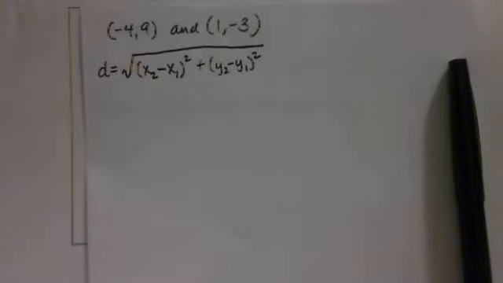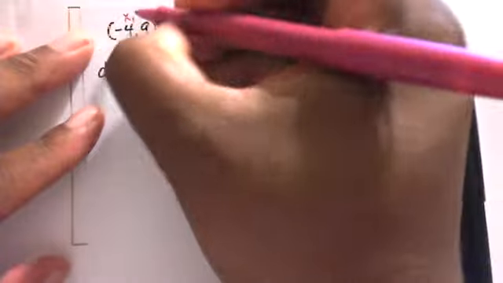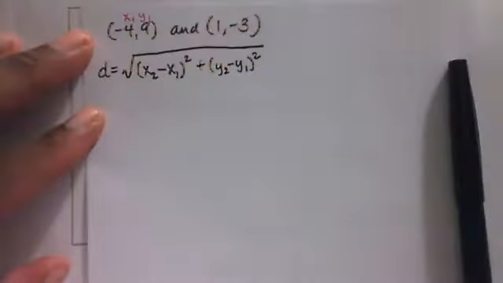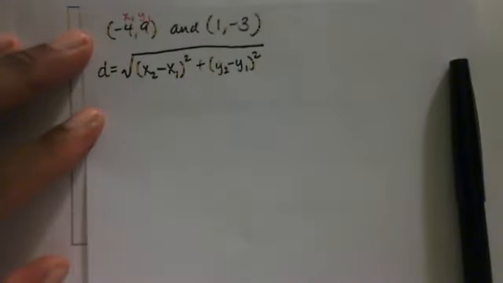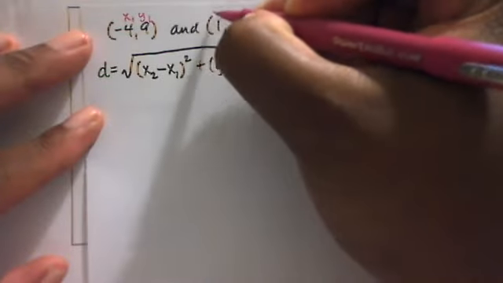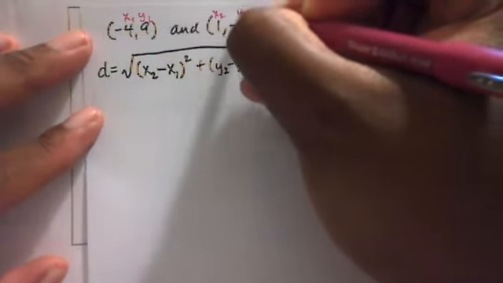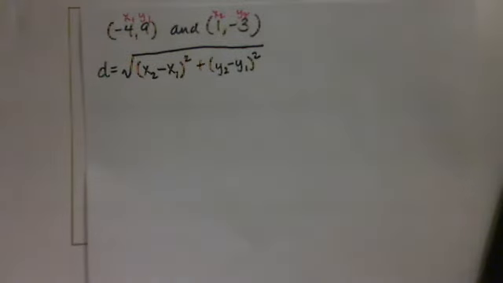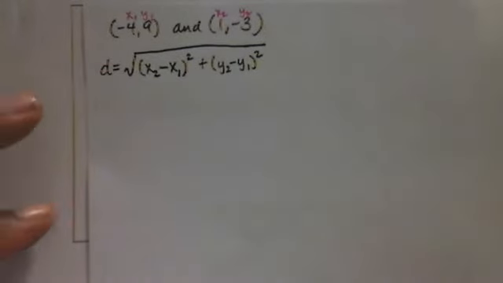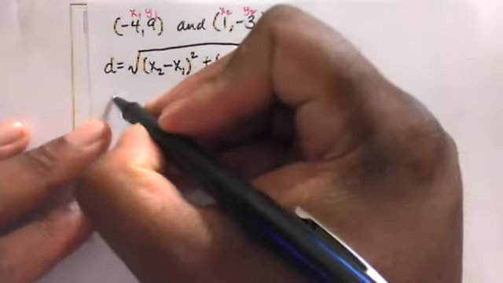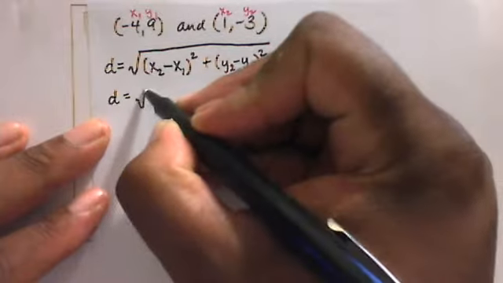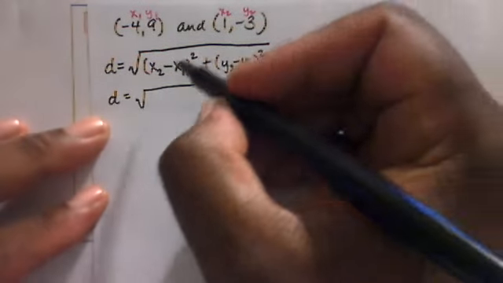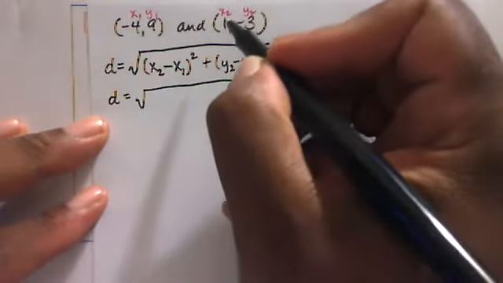Now in this case here, my first point is -4, 9, so x1 will be -4, and y1 will be 9. And then for 1, -3, x2 is 1, y2 is -3. Okay, so here we're going to replace those variables in this distance formula with those values. So here, the distance is equal to the square root of x2 minus x1.